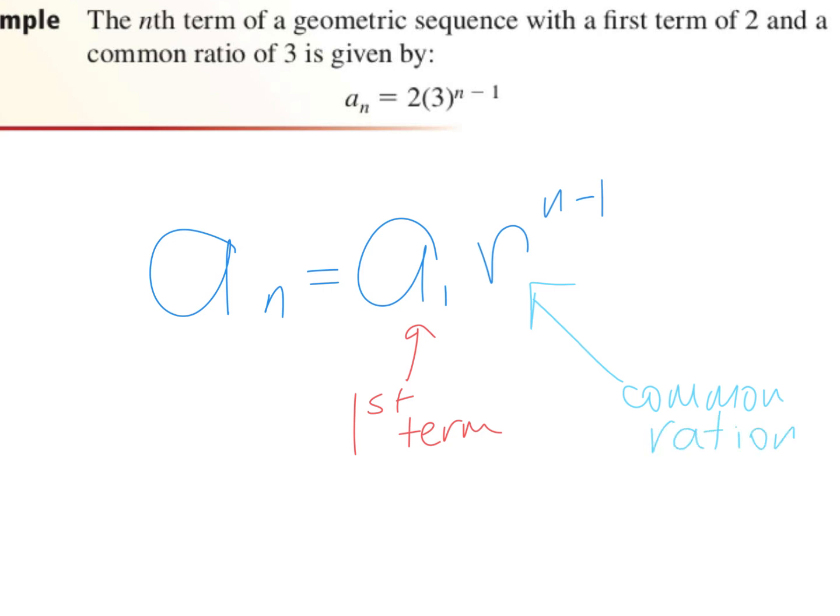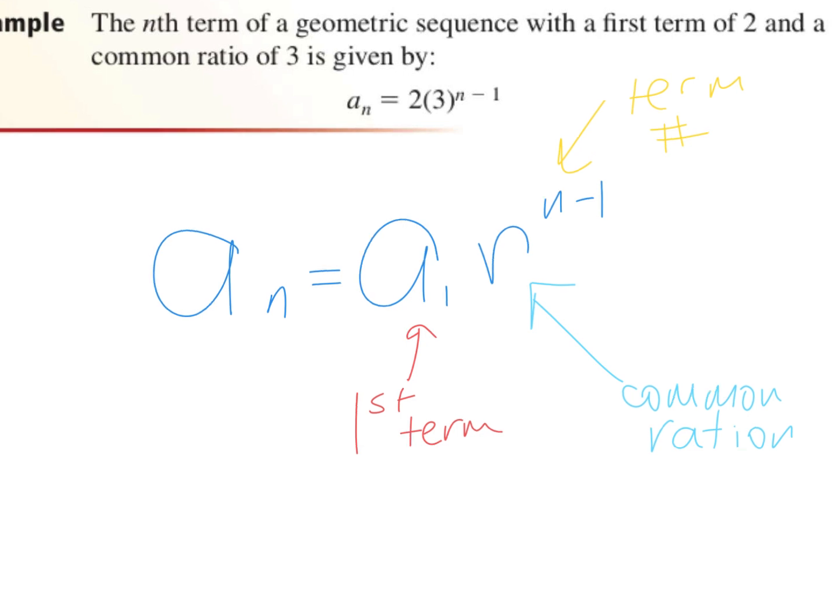And then the exponent is the term number minus 1. So if you're looking for the 8th term, you plug it in and say 8 minus 1, so it's really the 7th. That's how you write the geometric formula. It'd be a good idea probably to screenshot that and put it in front of all your questions, because I don't think that we're giving you this formula. I think you're going to get the ones for the sums, but not for writing the basic rule.